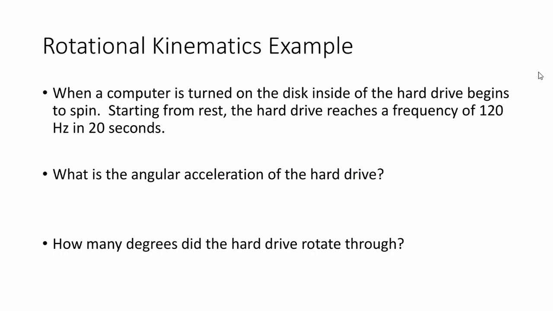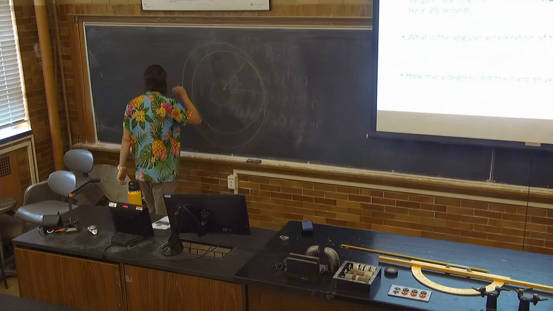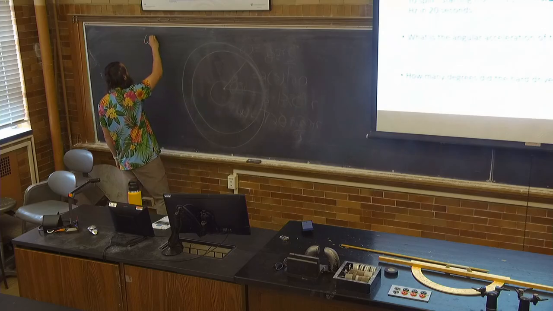So we're going to calculate the angular acceleration of that hard drive and how many degrees did the hard drive rotate through in that 20-second time frame. So let me write down all of those kinematic equations.